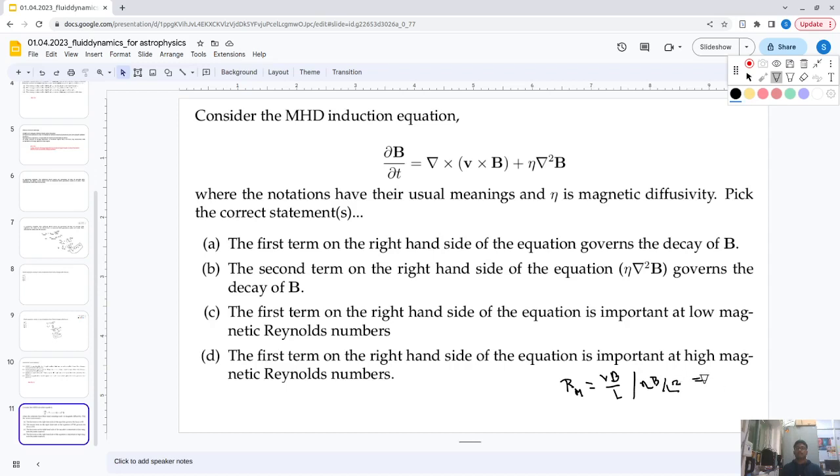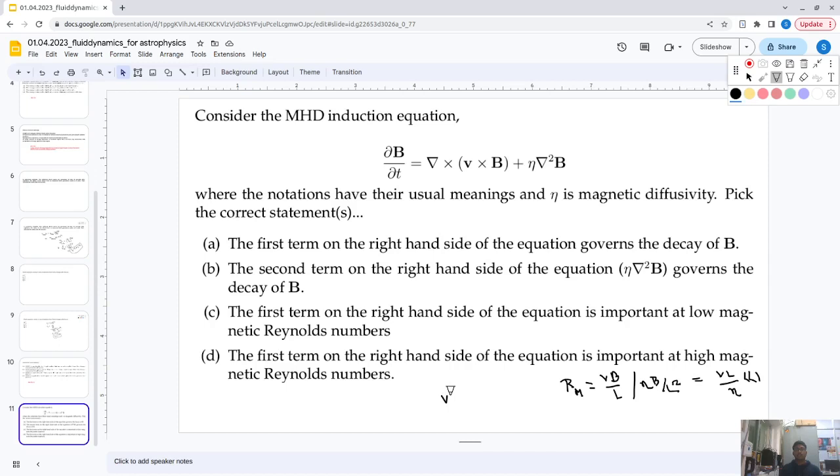So that gives V L by eta. This is your R_m. Now the statement says the first term on the right hand side of the equation is important at low magnetic Reynolds number.